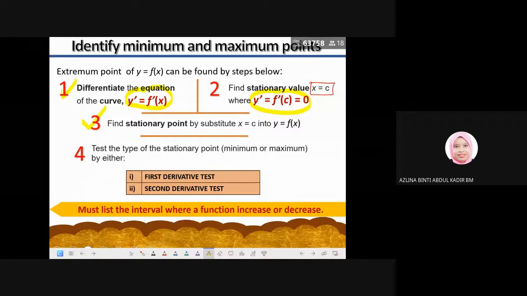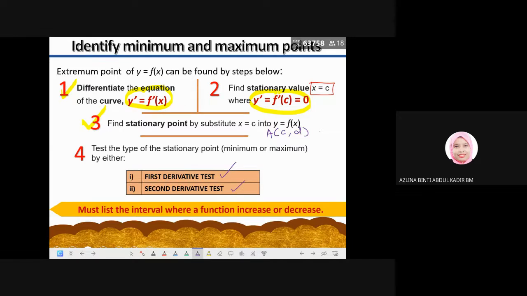Then we get a point, let's say point A, where x is c and y is d. We call it the stationary point. And to identify minimum and maximum points, we have two methods, either by first derivative test or second derivative test.